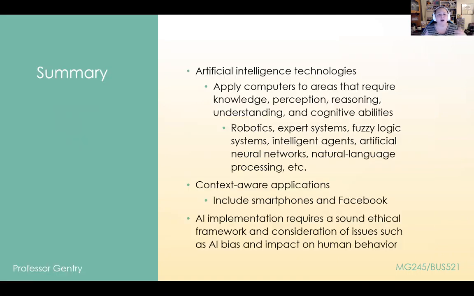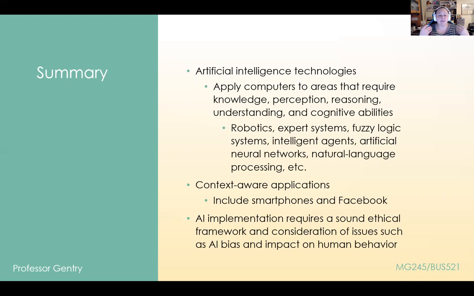So in summary, artificial intelligence technologies apply computers to areas that require knowledge, perception, reasoning, understanding, and cognitive abilities. So we're not just saying arithmetic operations, we're actually building in more of that thinking that computers can have. We talked about robotics, expert systems, fuzzy logic, intelligent agents, artificial neural networks, or the ANNs, natural language processing.